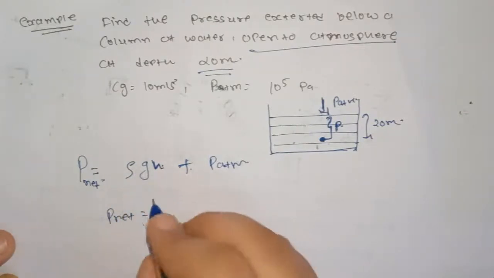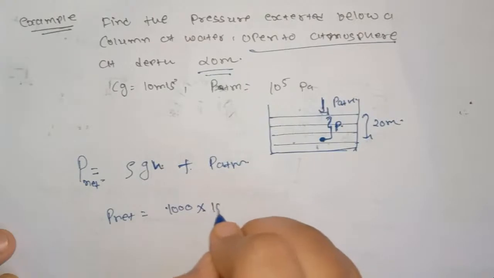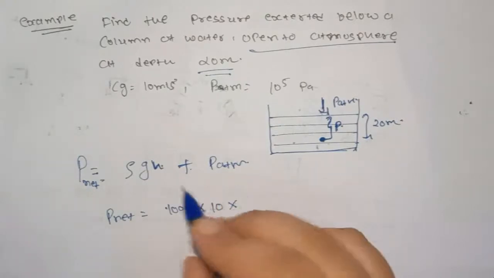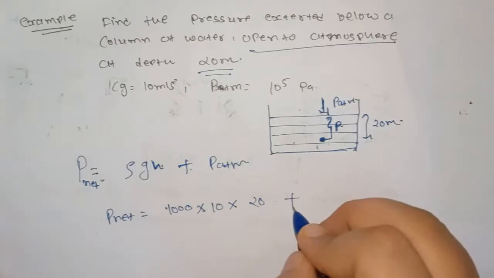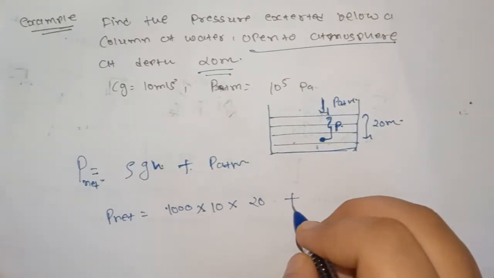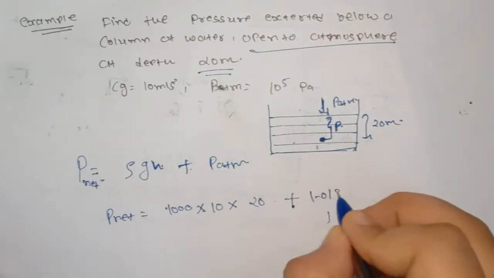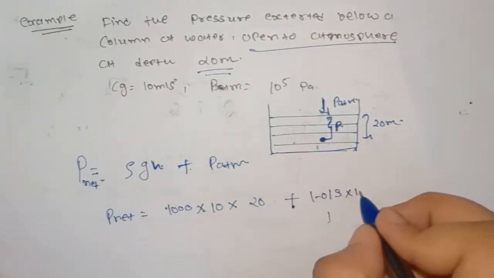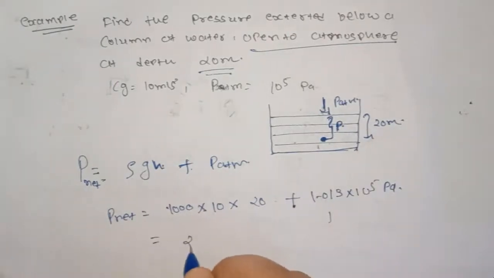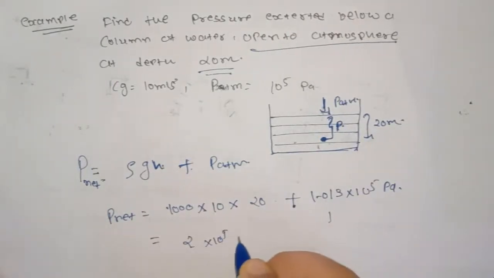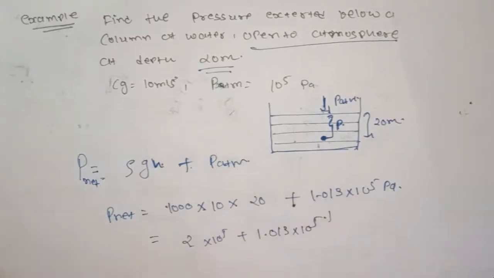The net pressure will be, density of water is 1000 kg per meter cube into g, let's say 10, and height is given 20, plus atmospheric pressure, which is 1.013 into 10 power 5 Pascal. So this will be 2 into 10 power 5 plus 1.013 into 10 power 5.